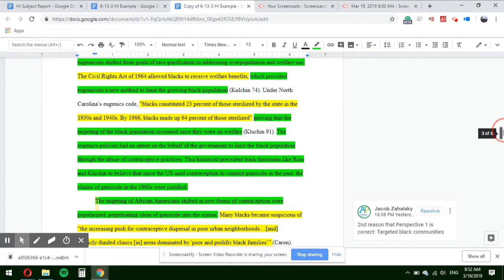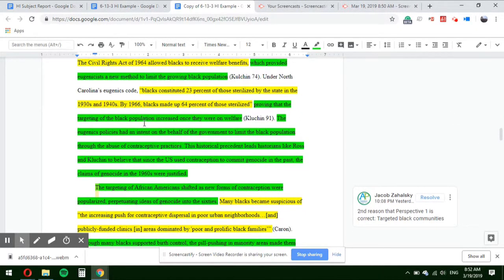All this evidence goes into this last big set of analysis, explaining why all this evidence proves the thesis, which proves the perspective one, that there was a genocide.